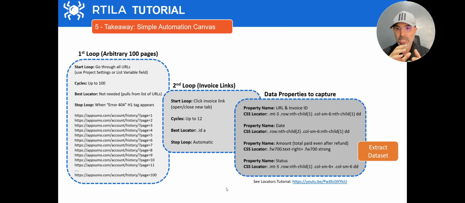And I know that for each invoice link that is going to be clicked, I have to create these data properties in the inspection panel, and I already know the selectors, so I create them. The last thing I have to do is put my extract data at the end of this loop to capture this data.